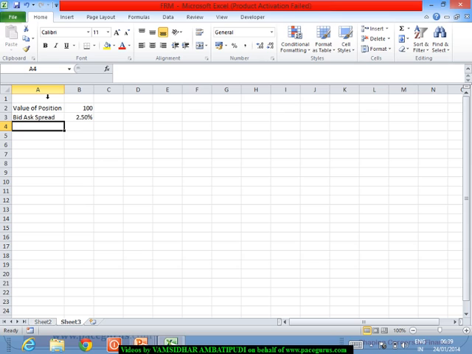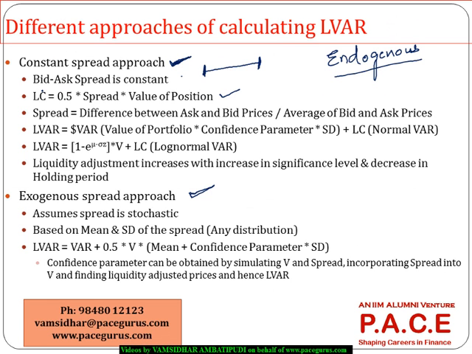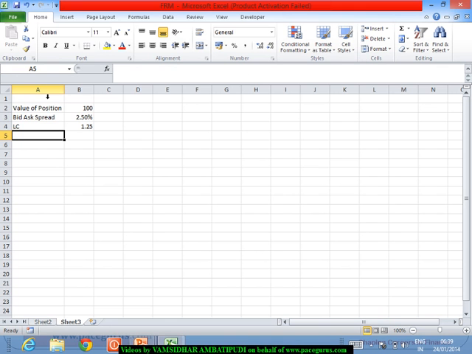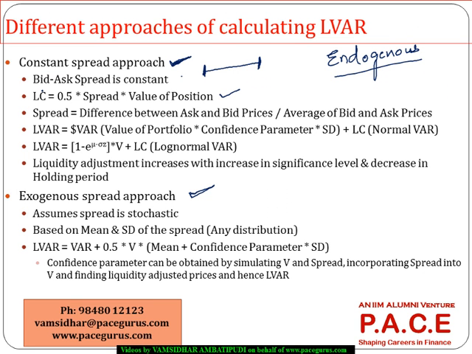Then to find the liquidity cost, all I am saying is 0.5 times the bid ask spread times the 100 million, which comes out to around 1.25 million as my liquidity cost. Now this liquidity cost I generally add to the VAR to compute the LVAR.